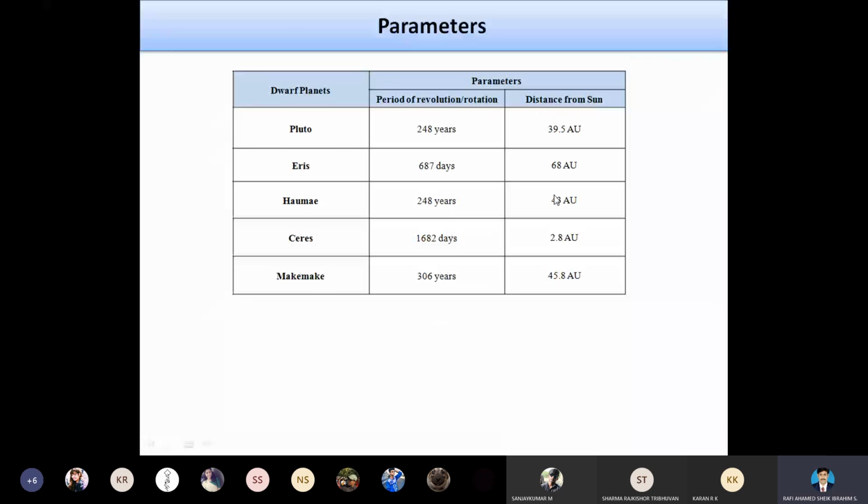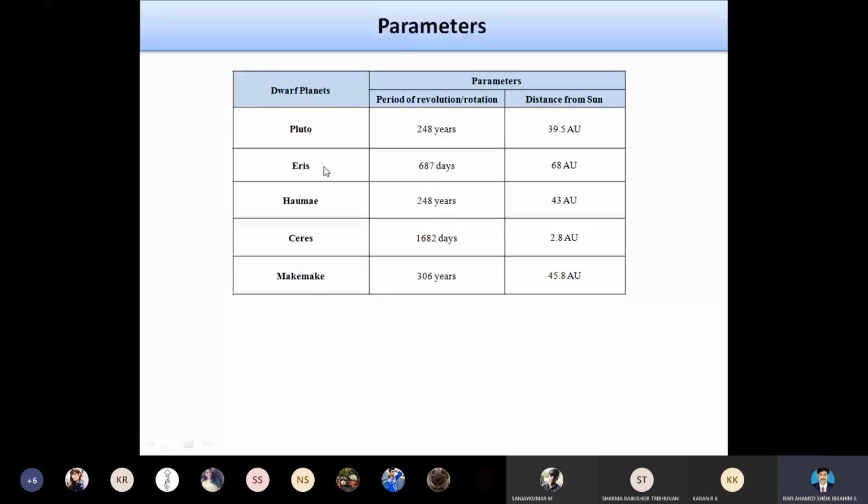And also for the dwarf planets, those which are not in the main solar system, one group is in the asteroid belt and the other is in the Kuiper belt.